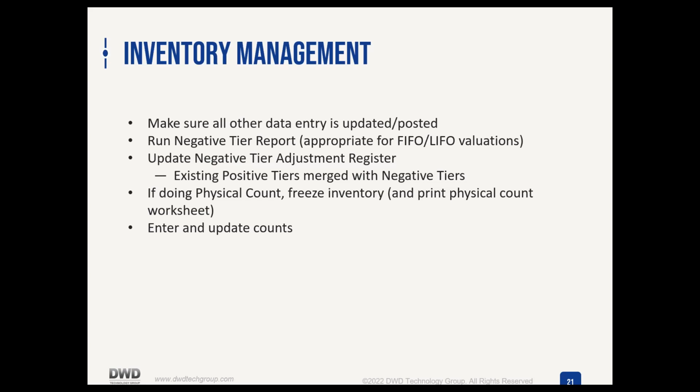We all know that negative inventory is not cool, but what happens is that we could look at an item and it might show us a zero quantity, but if we go look at cost details, we're going to see a negative cost tier and a positive cost tier, and those two should merge together, and the negative tier report and the negative tier adjustment register will do that for us. So if we're keeping up to date on that, we're keeping those negative cost layers out of play or minimized. That's good housekeeping from your inventory.